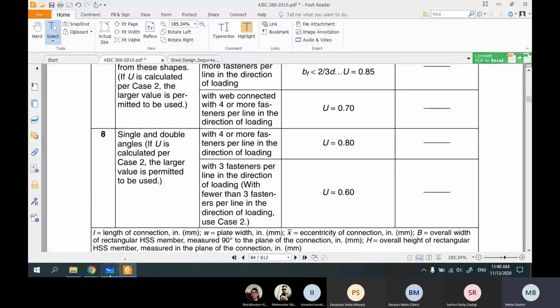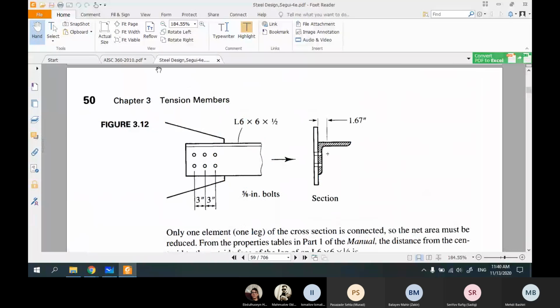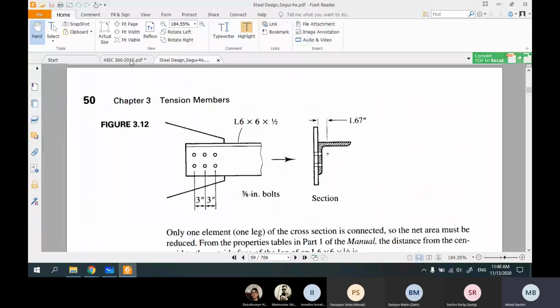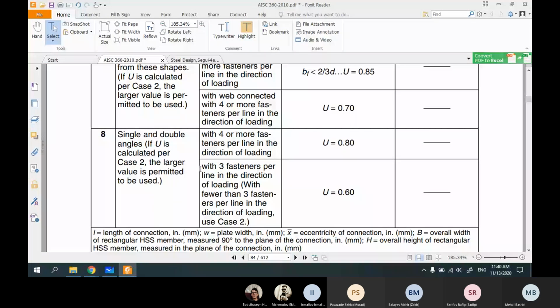In here we got a single angle with 3 fasteners per line, maximum 3 fasteners. So there are 3 fasteners here, and we can use 0.6, like here.